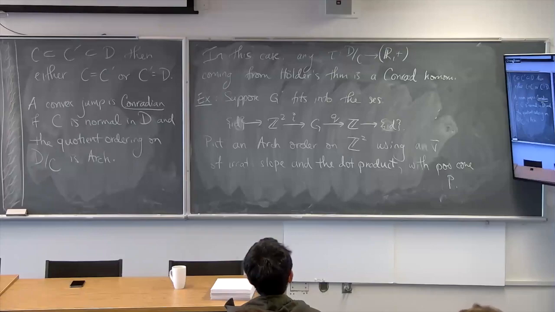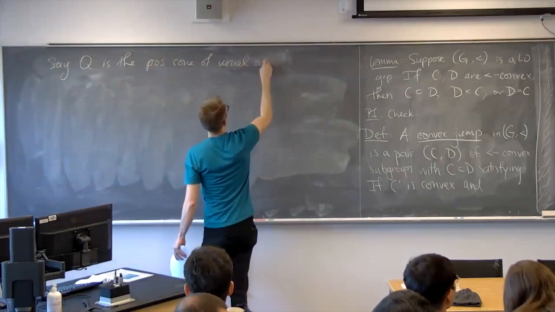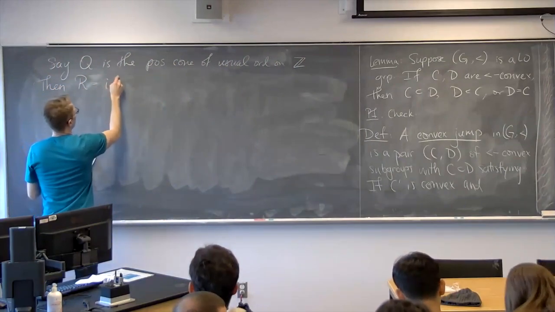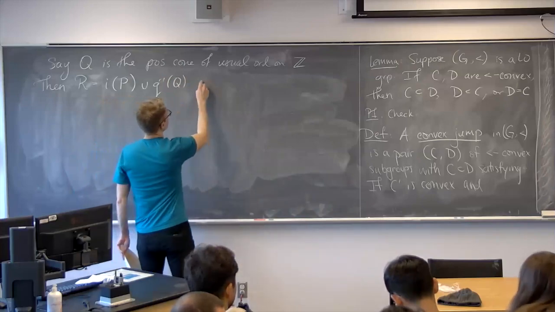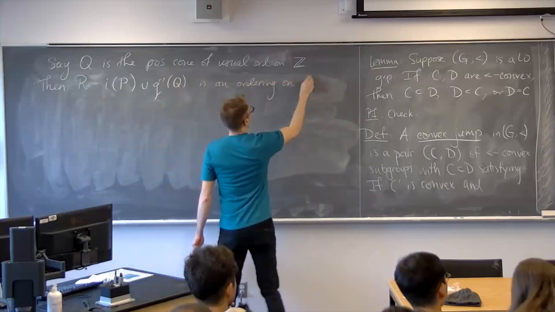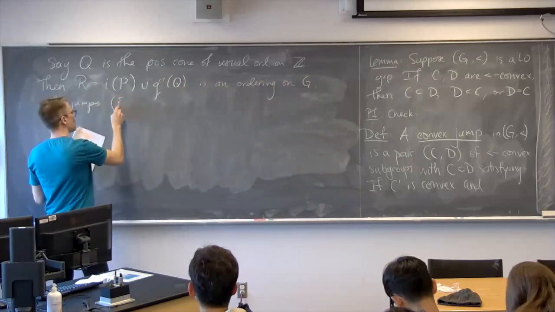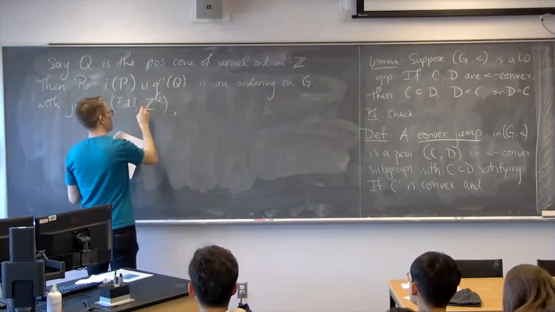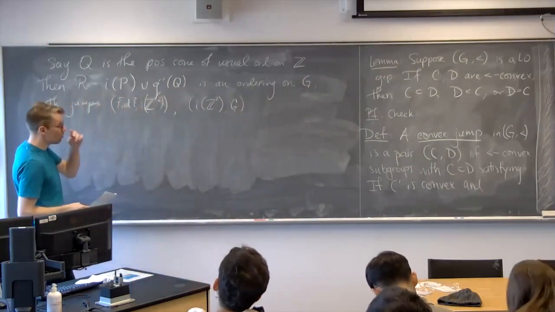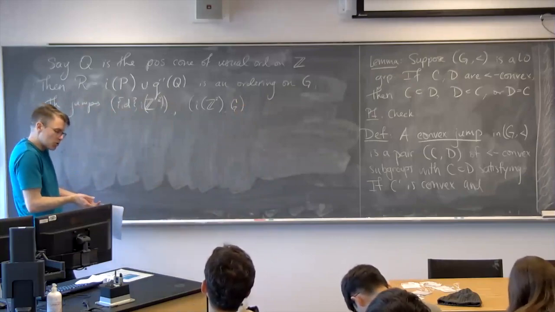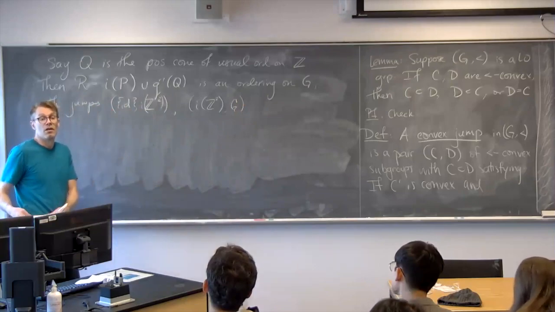Then say Q is the positive cone of the usual ordering on Z. And if we just look at I of P, Q inverse of Q, this defines an ordering on G and its convex jumps are I of Z squared and G. Right, and you can check that there are no other convex subgroups because if you quotient by a convex subgroup, then any convex subgroups that properly contain the one you quotiented by become convex in the quotient with respect to the quotient ordering.